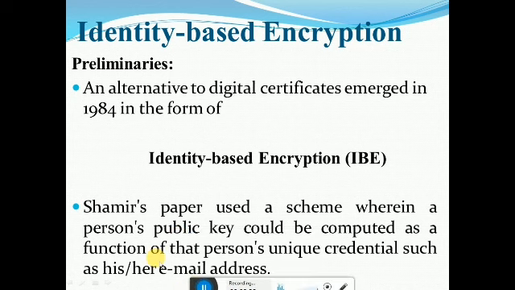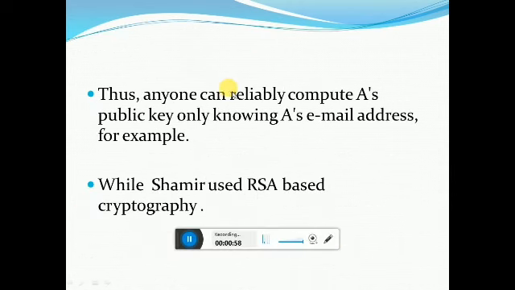This idea was first proposed by Shamir in his original paper. He used a scheme wherein a person's public key could be computed as a function of the person's unique credentials, such as his email address. Thus, anyone can reliably compute A's public key only knowing A's email address.